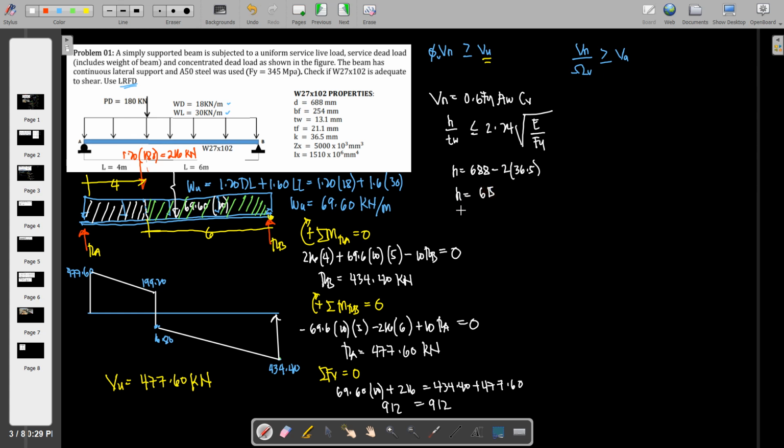Okay, so we have now 615 all over the thickness of the web, 13.1. So this will be equal to 46.95.